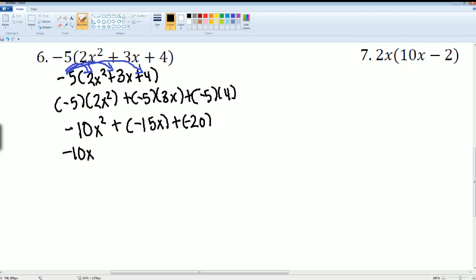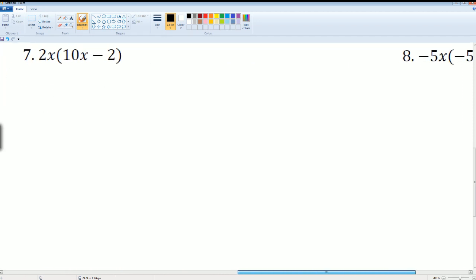This just becomes negative 10x squared minus 15x minus 20. Good. So you see how I distributed 3 times, 3 terms. That's why there are 3 terms in the end. I can no longer combine these because they're all different degrees. This has a degree 2, this has a degree 1, and this is your constant.